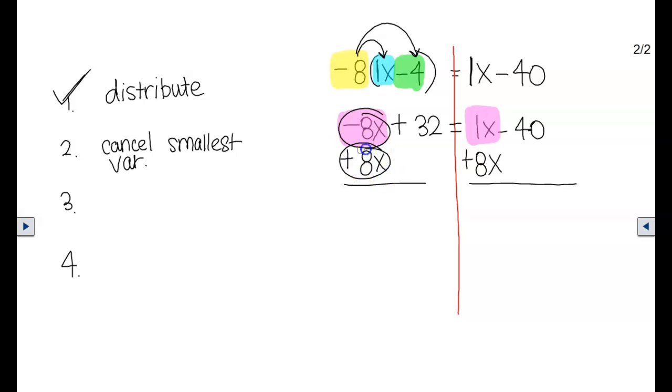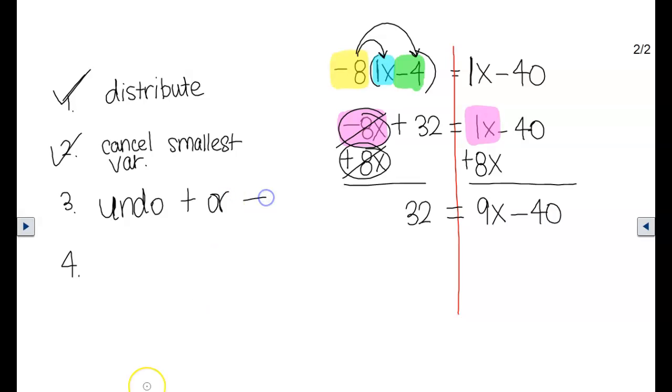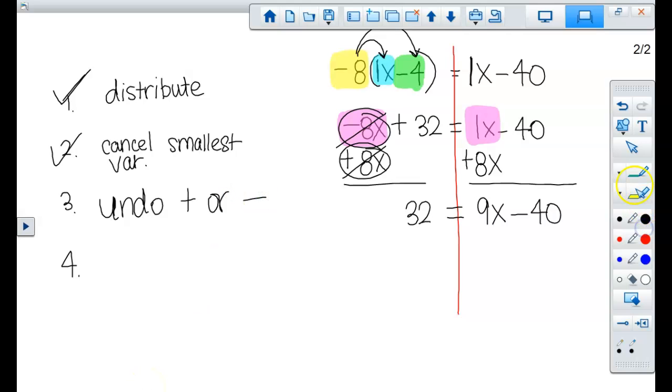Minus 8x plus 8x, opposites, they cancel. So I get 32 equals 1x plus 8x is 9x minus 40. All right, step 3, undo addition or subtraction. And you all know what I'm going to do.